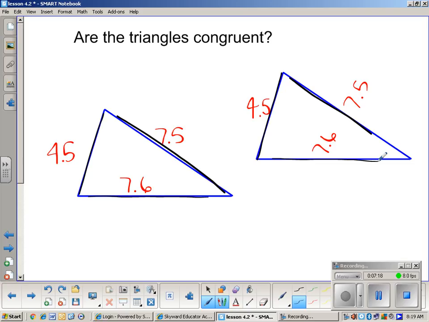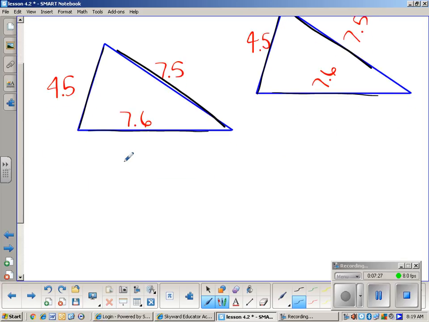That means those two triangles have to be congruent. So the answer would be yes. And if they asked why, explain why, you would say yes by side, side, side. That's all the statement you have to write. Okay? And SSS is accepted as an appropriate name for that postulate. Okay? Side, side, side. All right. Any confusion on that?